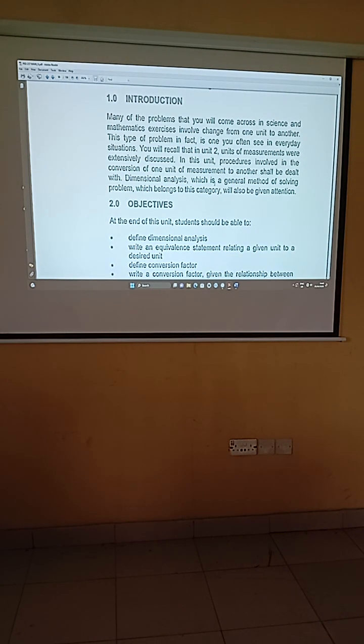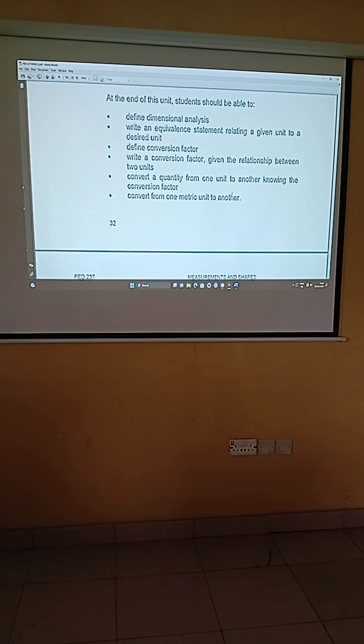In this unit, procedures involved in the conversion of one unit of measurement to another shall be dealt with. Dimensional analysis, which is a general method of solving problems which belongs to this category, will also be given attention.